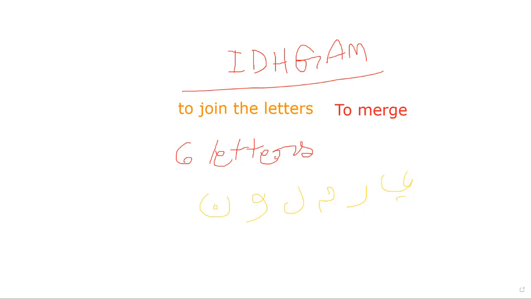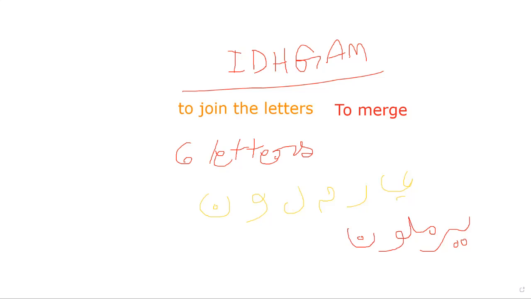If you say the word Yarmalun, Ya, Ra, Mim, Lam, Waw, Nun. If you memorize the word Yarmalun, then all 6 letters of idgham come up. Again, the word is Yarmalun. You will never ever forget the letters of idgham.